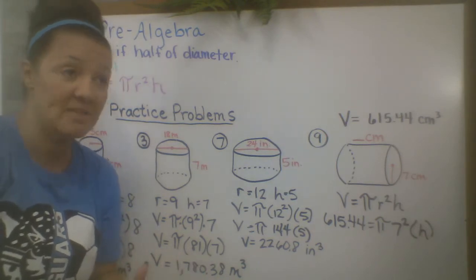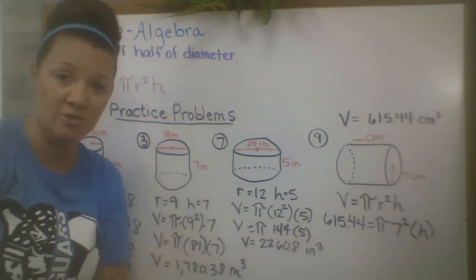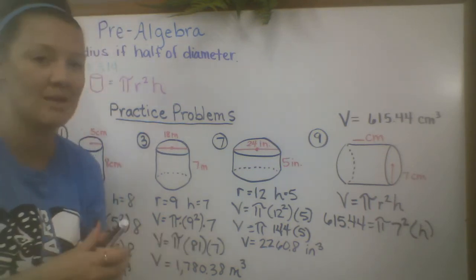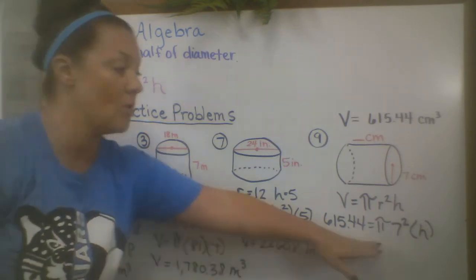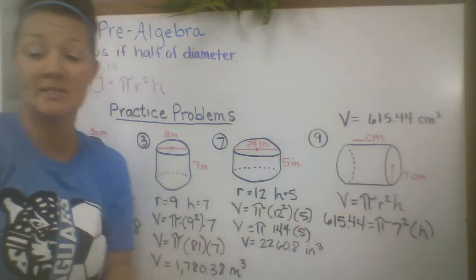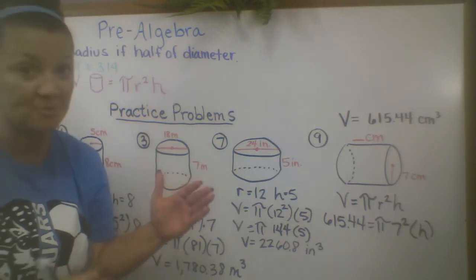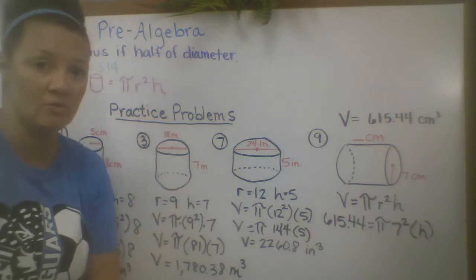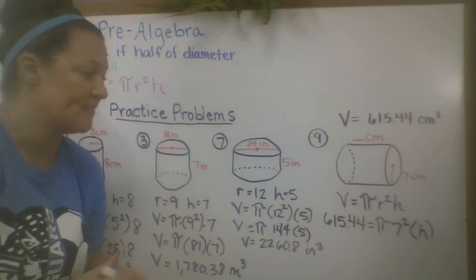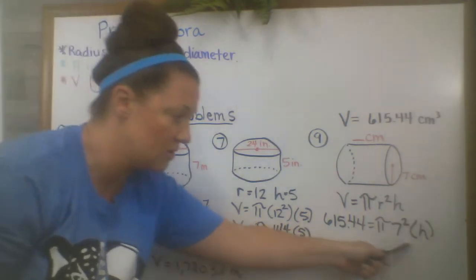And then the opposite of squaring something is to take what? Good, the square root of something. And that's what's going to end up happening here in the end. So that's why when your worksheet tells you to use 3.14 for pi instead of using the whole decimal of pi, you want to make sure you read those directions carefully because that's what's going to help you here. All right, so we have 615.44 equals all of this.